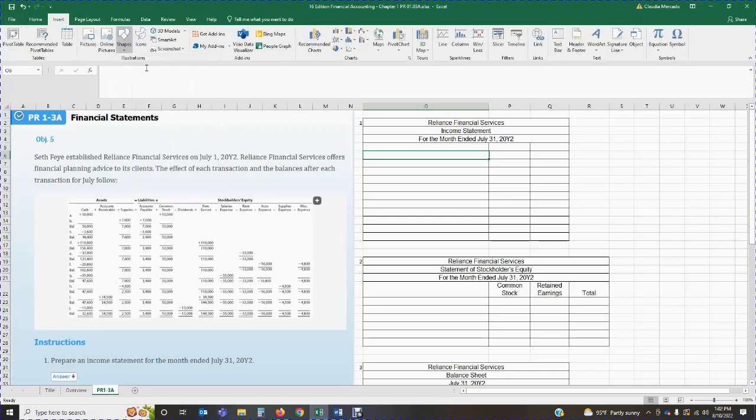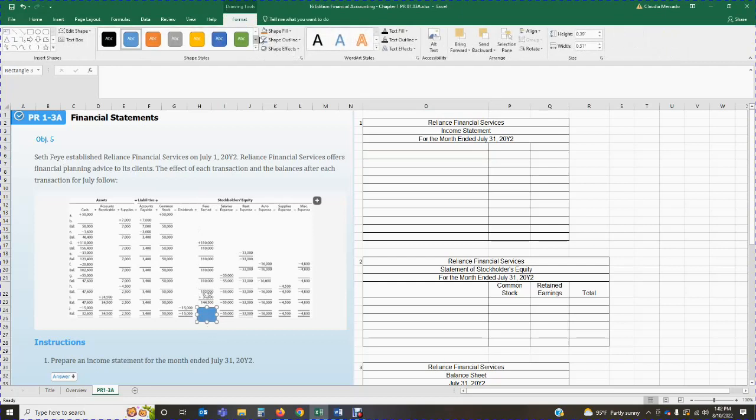Revenues fall under stockholders' equity. Your revenues in this case are fees earned, because we provide a service, which is financial planning advice to clients, and we charge a fee for that. So my revenue in this case would be my fees earned.